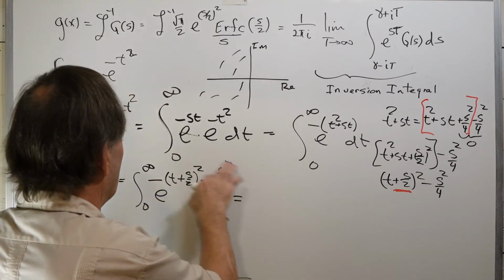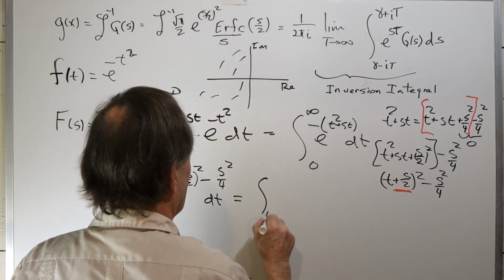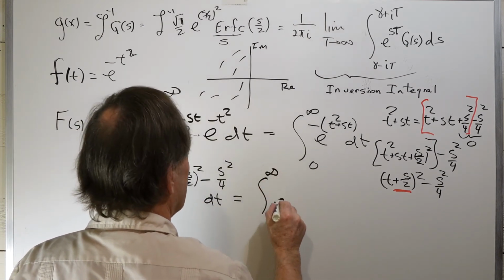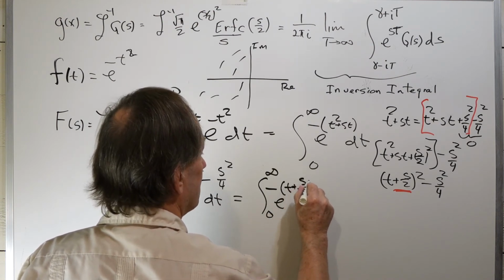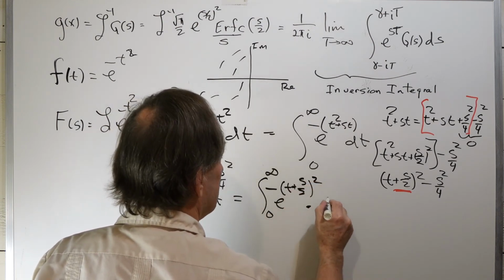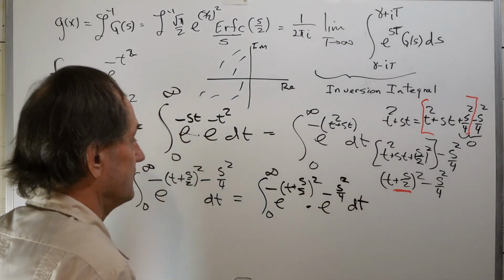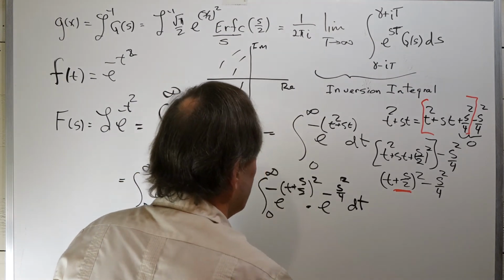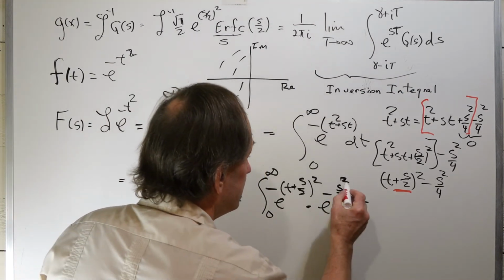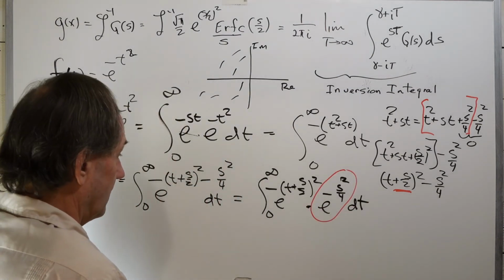Well, I can now break this up into two exponents. I've got the integral from 0 to infinity, e to the minus t plus s over 2 quantity squared times e to the minus s squared over 4 dt. Now, this exponential is not a function of t, so I can pull it out of the integral.